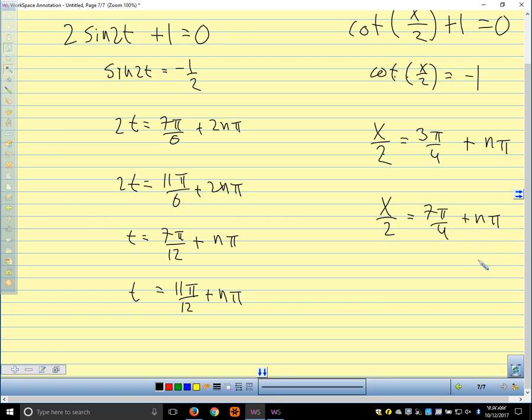Well, we want to solve for x. So now I just multiply everything by 2. So I get x equals 3 pi over 2 plus 2n pi, and x equals 7 pi over 2 plus 2n pi.